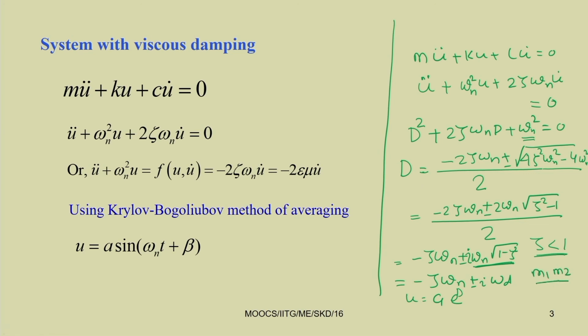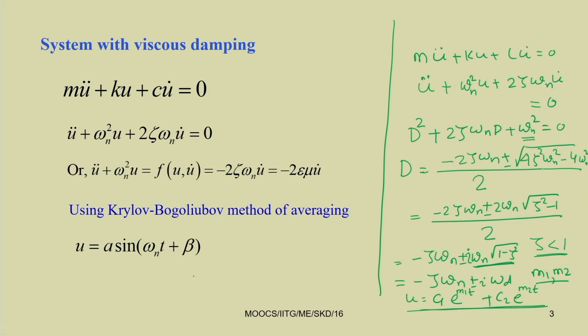If the roots are written as m1 and m2, then the solution will be equal to c1 e to the power m1t plus c2 e to the power m2t, and already you know, by simplifying these things, the solution can be written in a very simplified way.